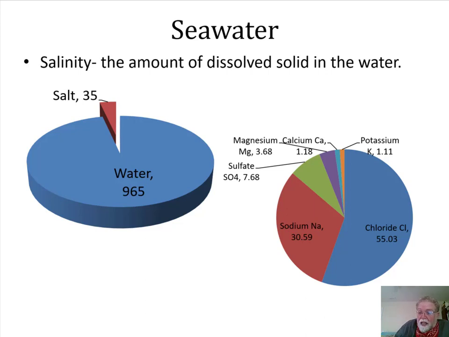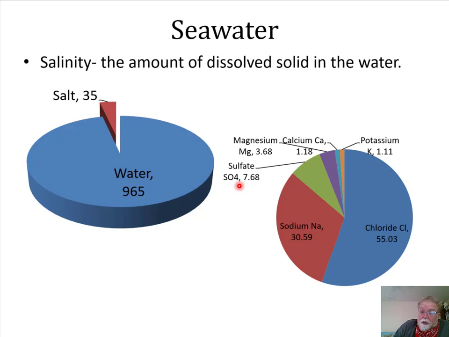They mean everything that's in that water, right? If we look here, you can definitely see there's sodium and there's chlorine, but there's also sulfate, magnesium, calcium, potassium, and we could go on and on. In fact, if you look at a periodic table, every element that occurs naturally is there in some quantity or another in seawater.